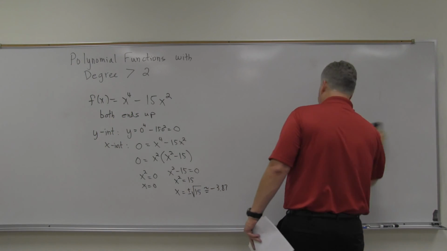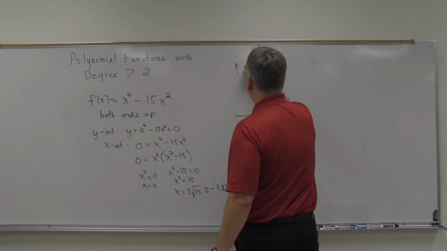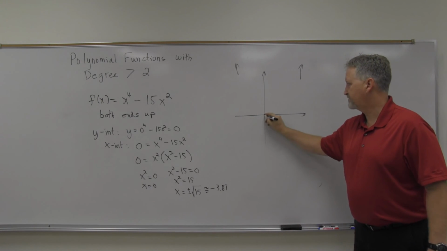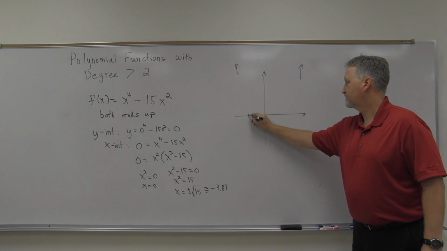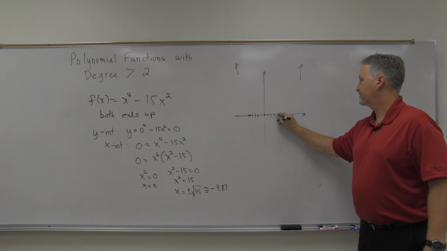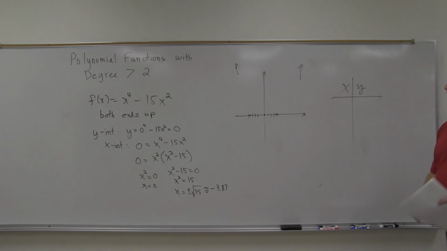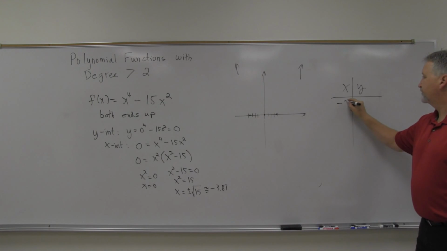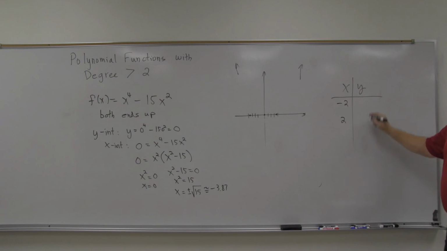All right. Let's put those up here. Both ends are up. Y-intercept 0, x-intercept 0, and then negative 3.87 and positive 3.87. So when I go to my table here, between these two, let's go with negative 2. Between these two, let's go with positive 2. See what we get.